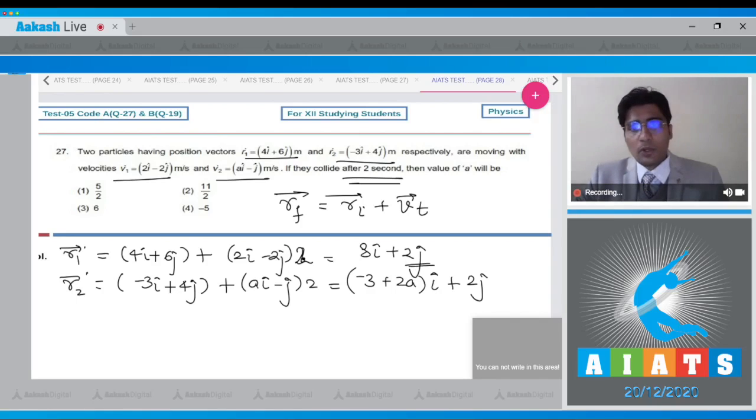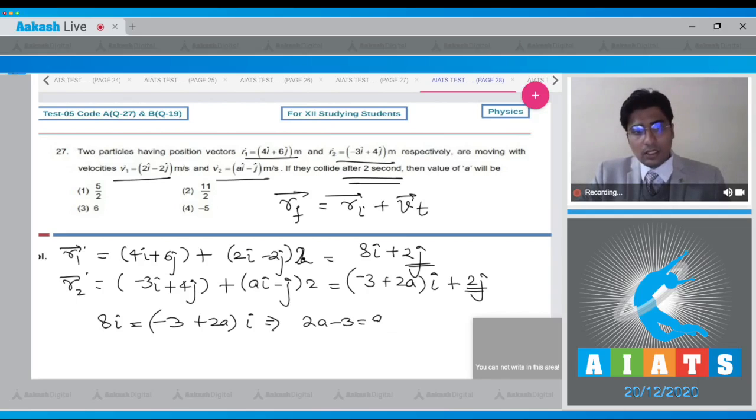We can see that the j component is the same, the i component should be the same as well, which means that 8 i cap should be equal to minus 3 plus 2a i cap, meaning 2a minus 3 is equal to 8, or a is equal to 11 by 2. The correct answer for this question, dear student, will be option number 2.